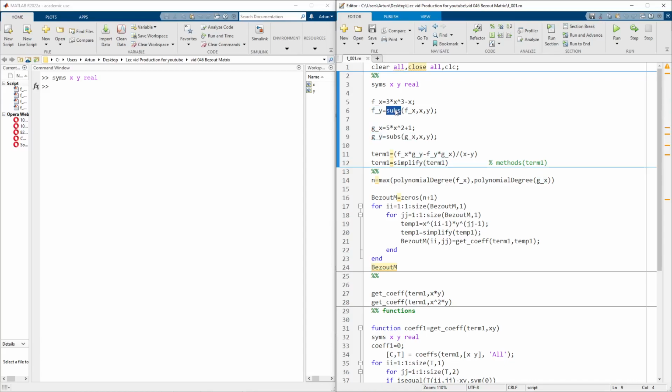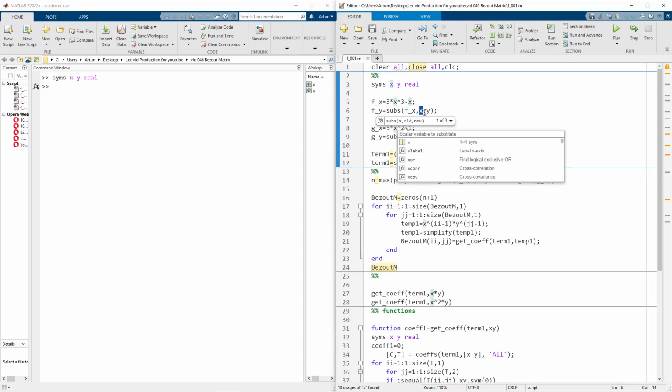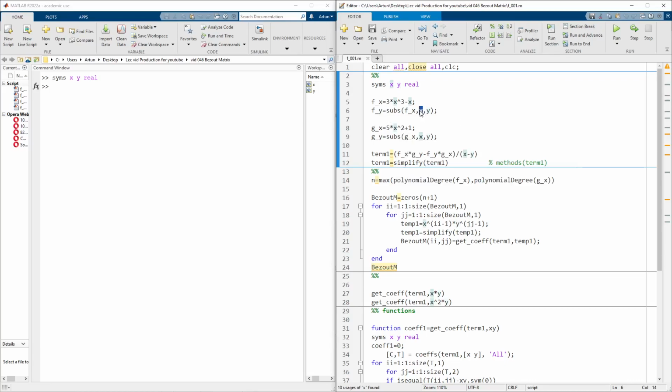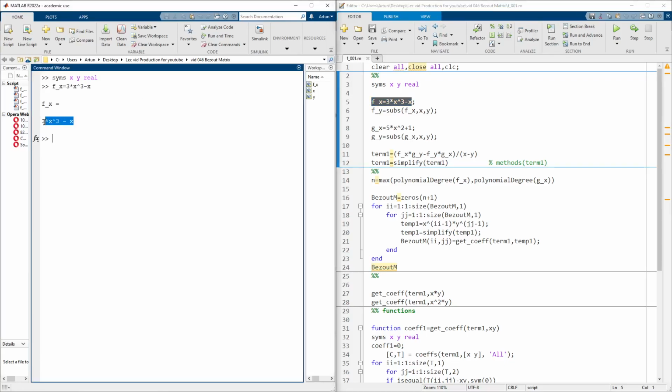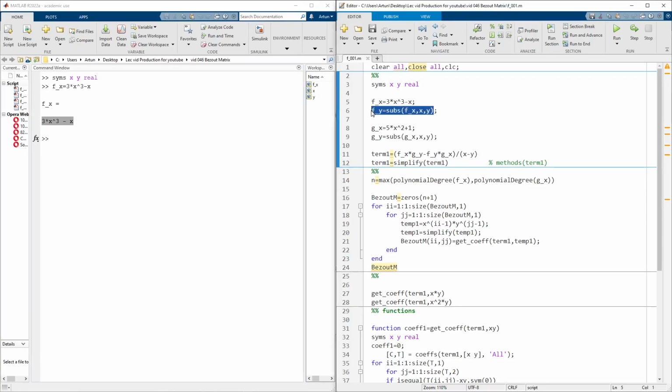It's easy. You can just use the substitute command, substituting y for x. Let's run it. This is our f of x. Let's substitute and construct f of y here.